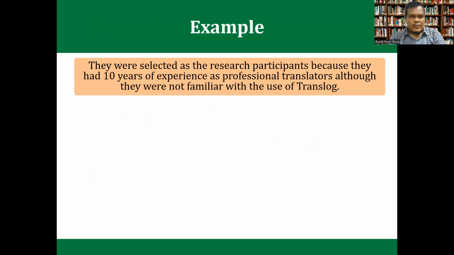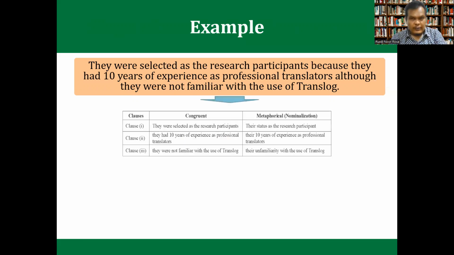Now, study the clause. They were selected as the research participants because they had 10 years of experience as professional translators, although they were not familiar with the use of translog. Now, after careful reading of this clause, let's divide it into several clauses.